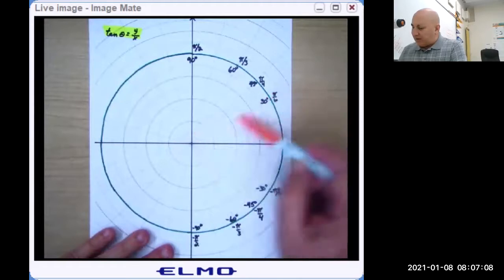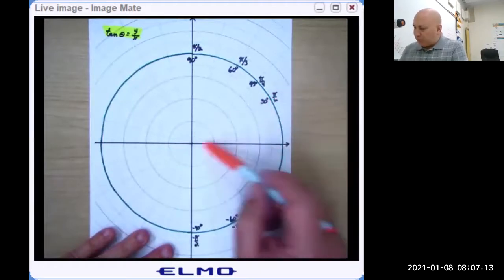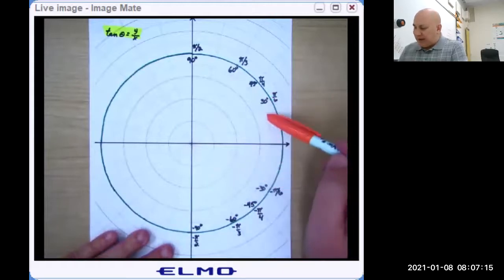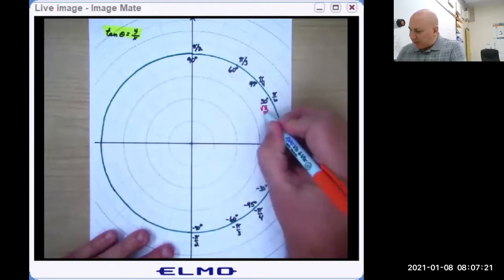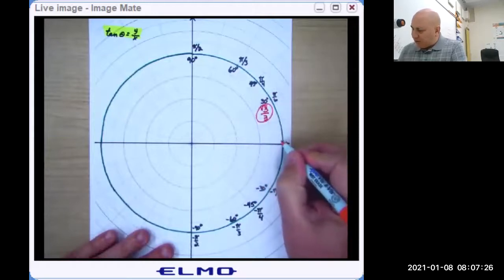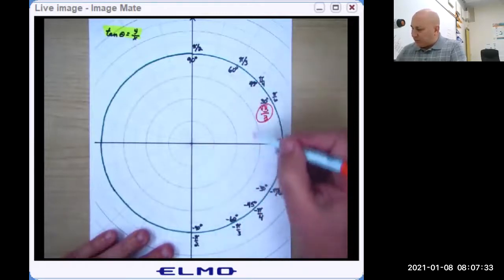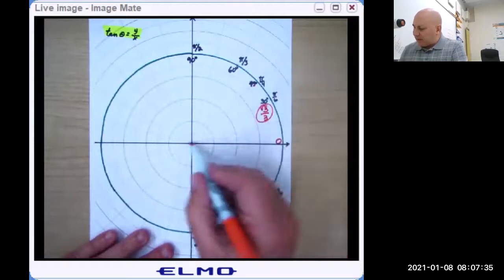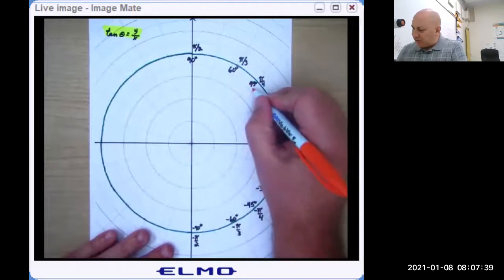The unit circle has a radius of 1, so this y value would be 1/2 and x would be √3 over 2. Well, 1/2 divided by √3 over 2 is 1 over √3, which is √3 over 3. So that's the tangent. Of course, the tangent here is 0 because y is 0. Here, the y is √2 over 2, x is √2 over 2, r is 1. So the tangent is 1.